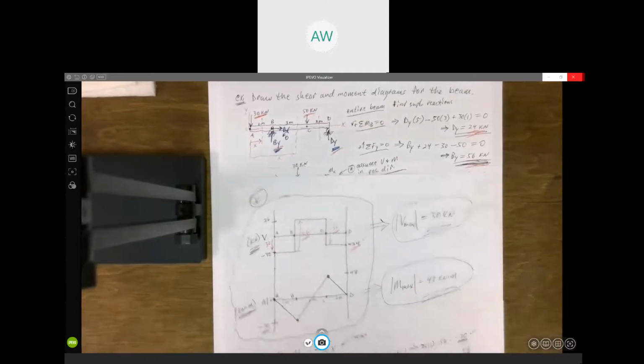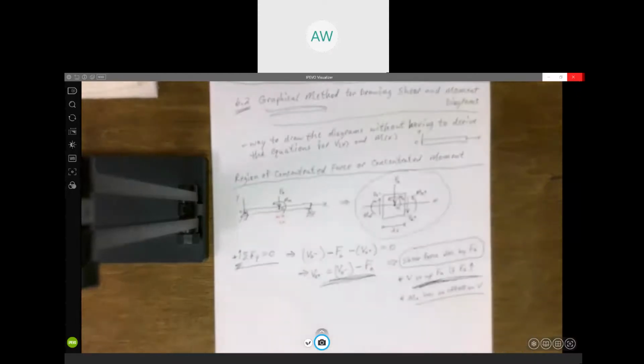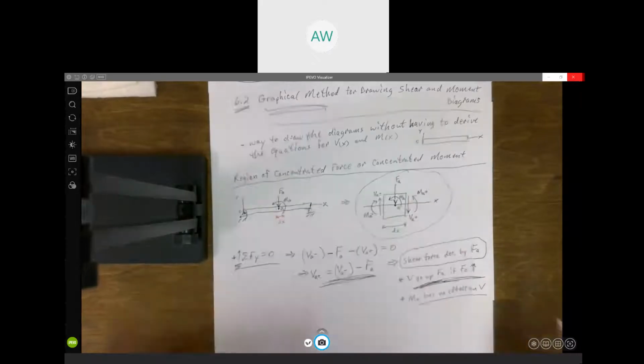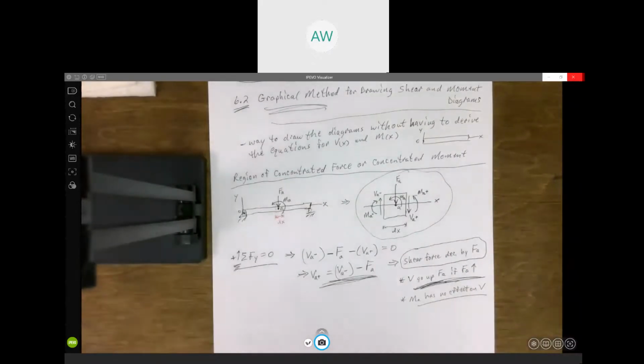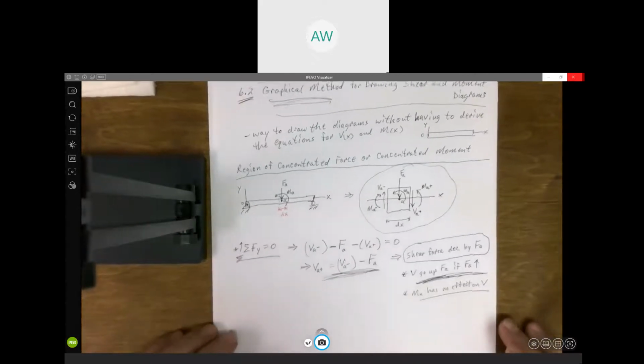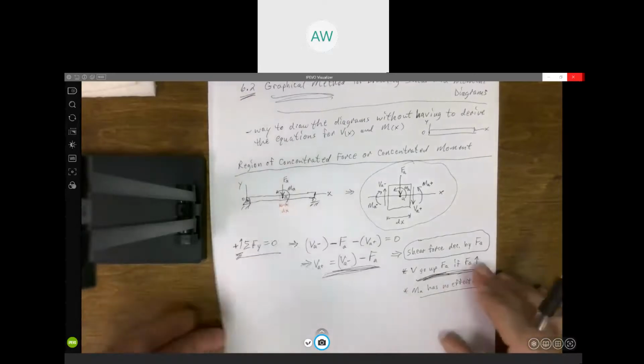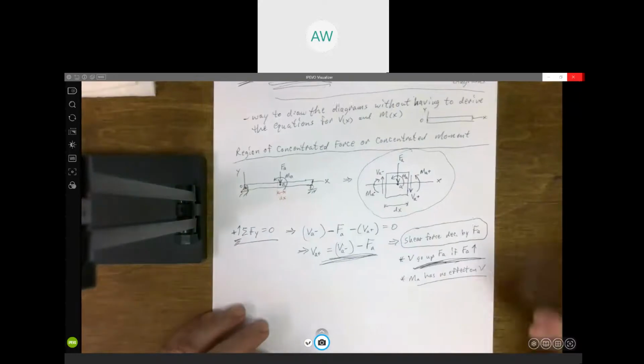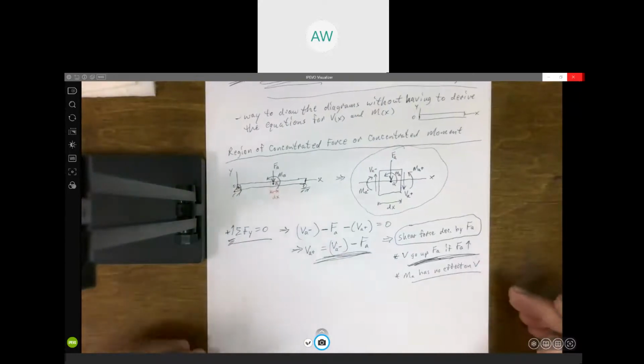All right, well then let's go back to where we were. Now that example I just had up there from last time, we didn't have a concentrated moment on that beam, so we can't really go back to that one and look and see, but we'll do an example Wednesday where we will have a concentrated moment.